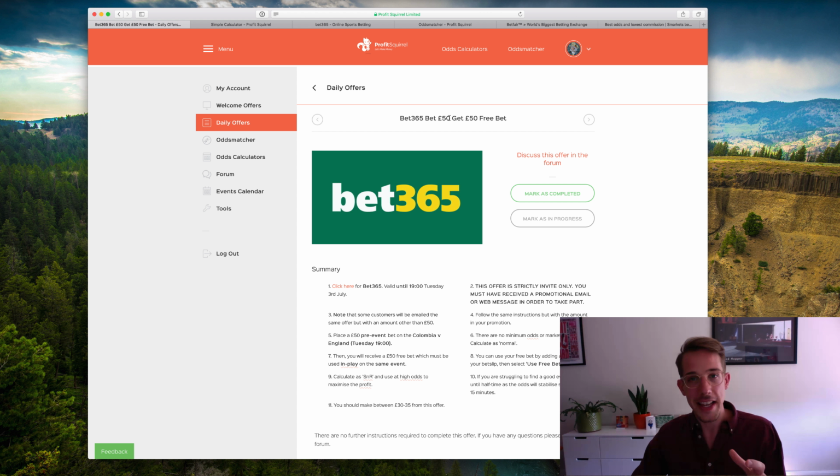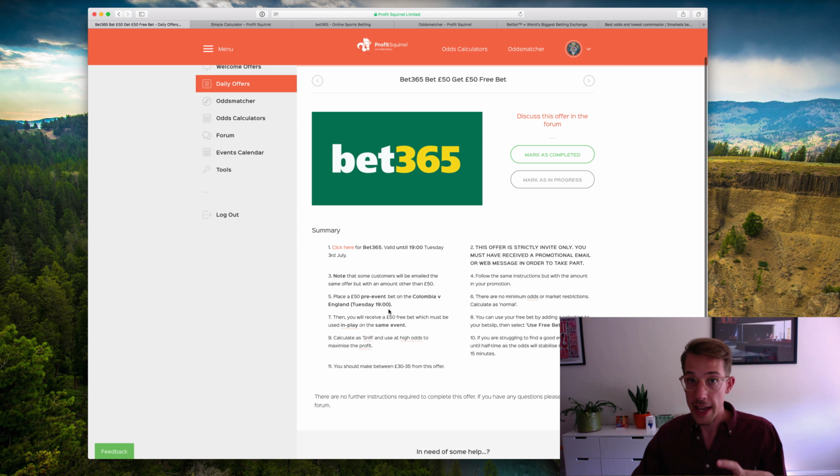One thing this offer does say is that it's actually invite only, which means that you need an email from Bet365 in order to be able to complete this. But normally that's just something that bookies say as a bit of a disclaimer, so that it doesn't involve new signups, like people that have just got the account. That's normally the case.